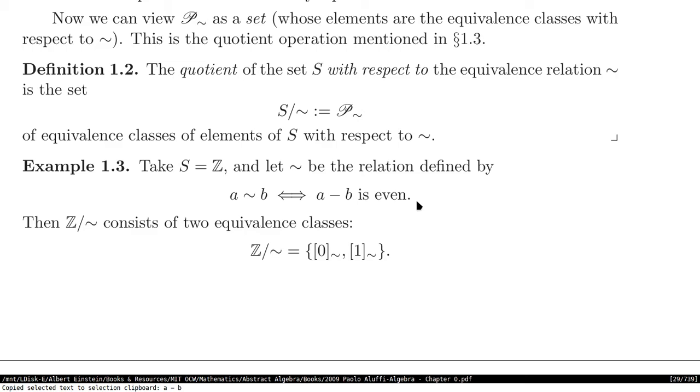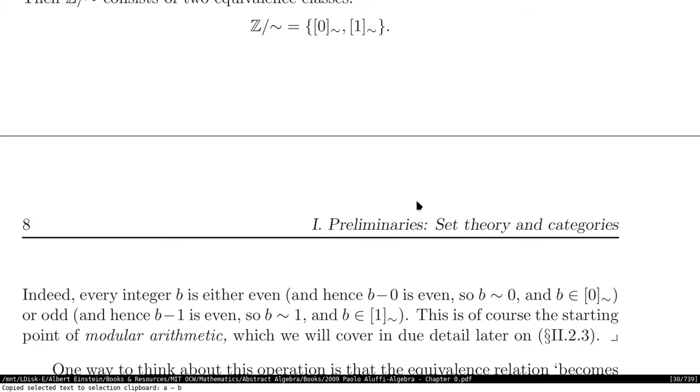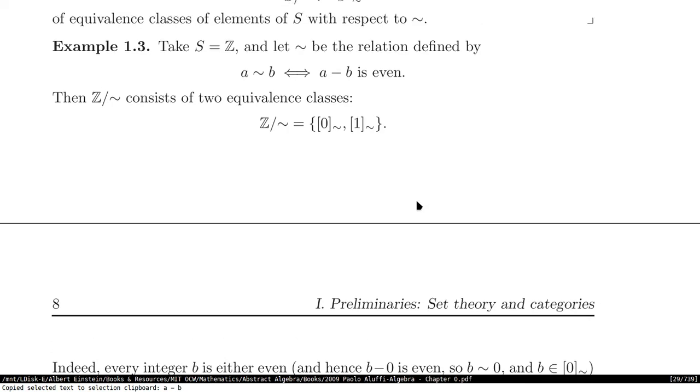You can have -1, -2, 1, 2, whatever. So 3 can be identified with 1, because 3 minus 1 is 2, which is even. Then 4 can be identified with 2, because 4 minus 2 is even. In this manner, you can think about the number of identifications you can create with each element.